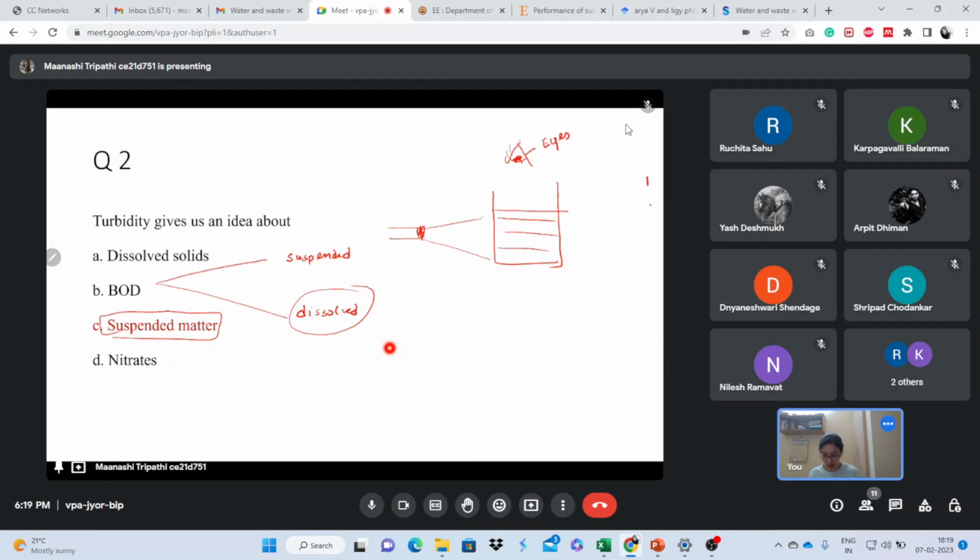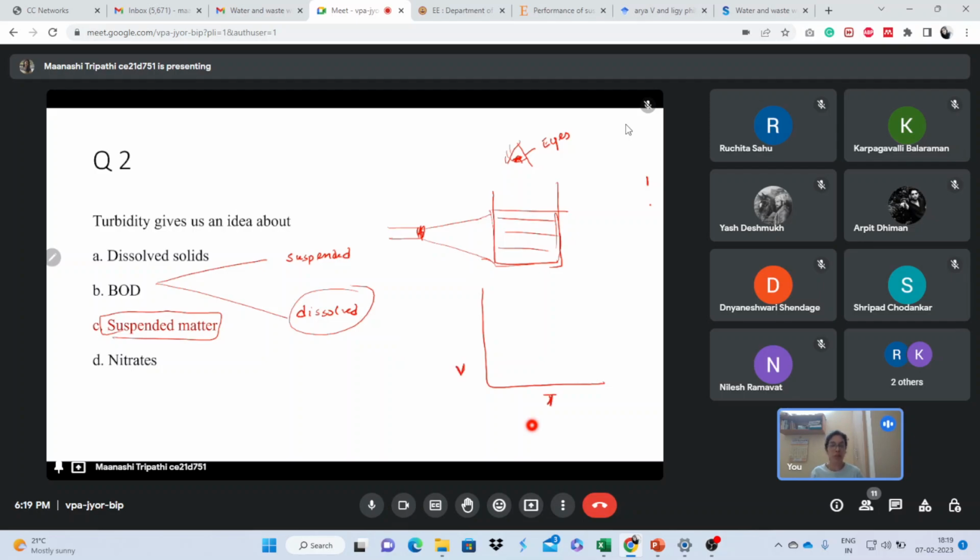The moment this torch is not visible to us, we say the material is completely turbid. The visibility of the torch is correlated with the turbidity of the solution. So you will get a chart which gives the value between visibility and turbidity.